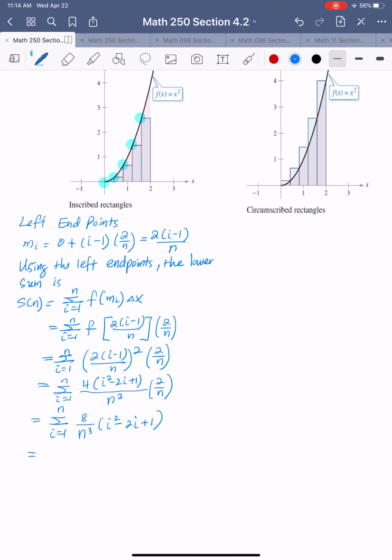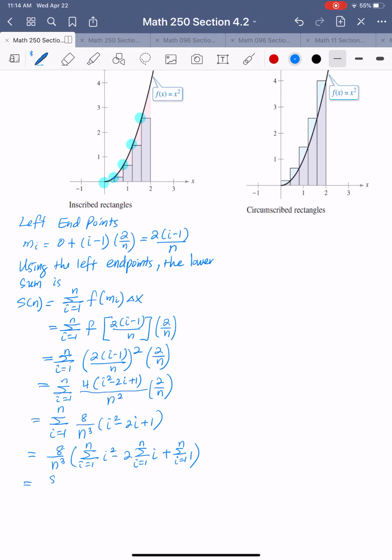Then I can pull out the 8 over n cubed, and I get the sum of i squared minus 2 times the sum of i plus the sum of 1.